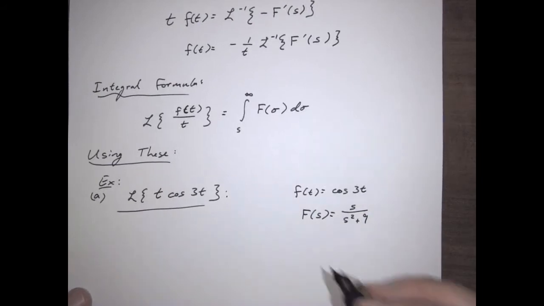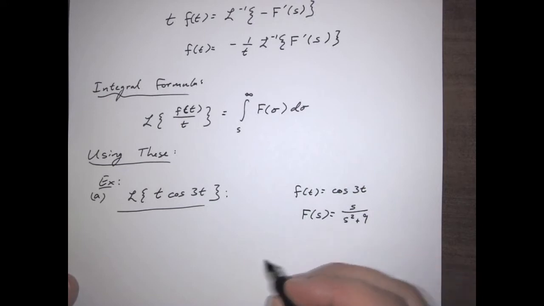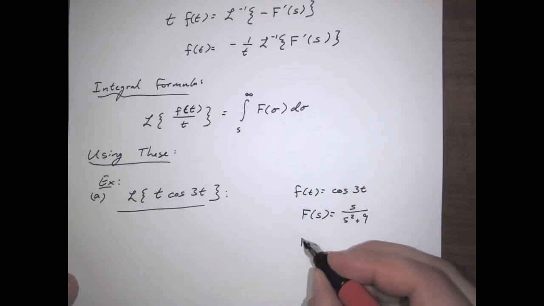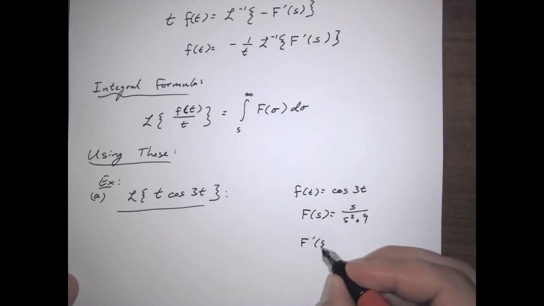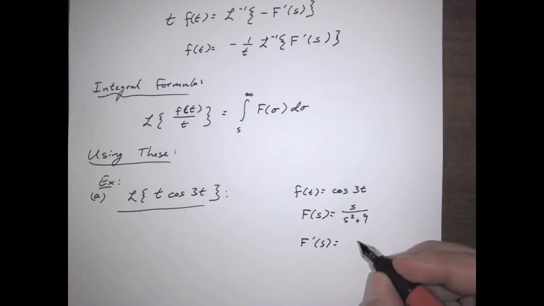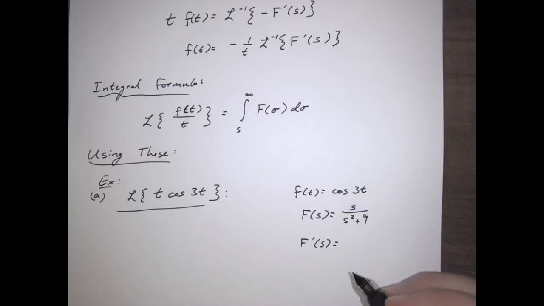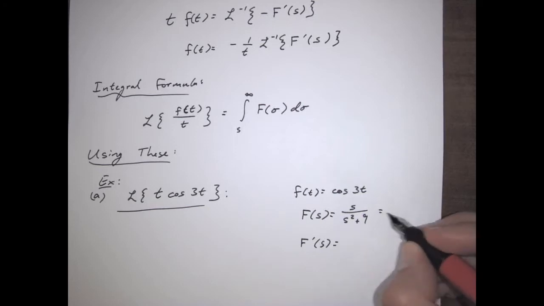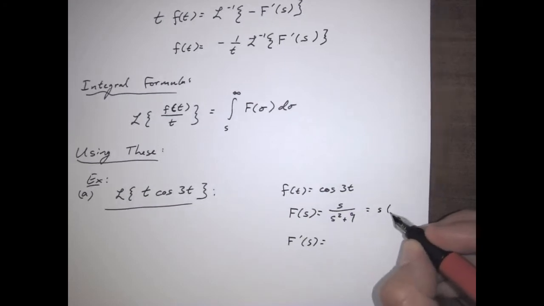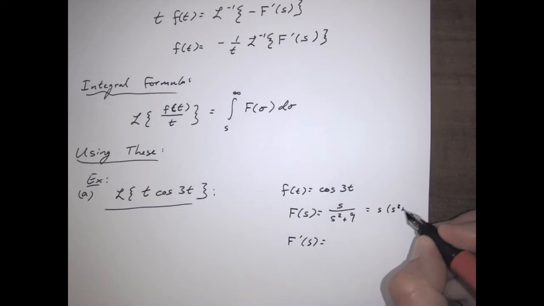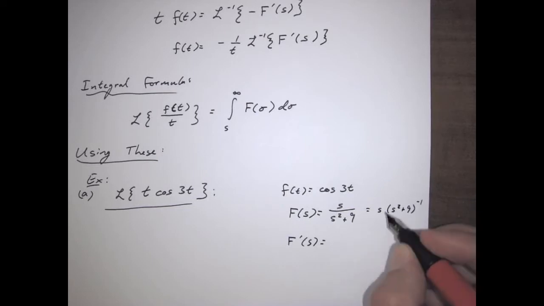And then what that means is this is going to be equal to negative F prime of s. So that means F prime of s, we would take the derivative of this, and we can use the quotient rule here, or we can rewrite it as a product. In either case, it might be helpful to rewrite this as s times (s squared plus 9) to the negative 1.